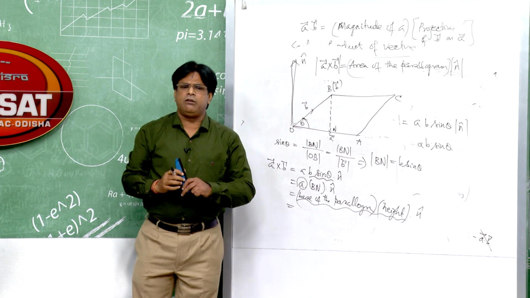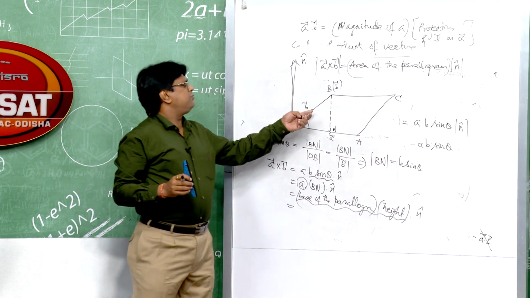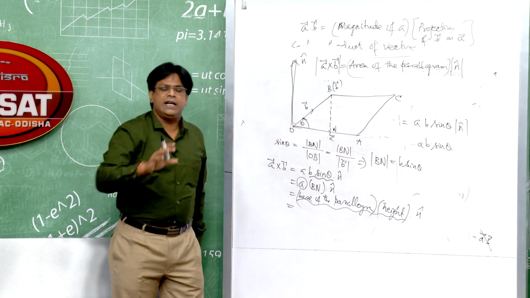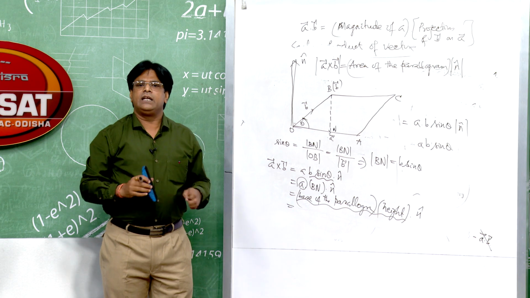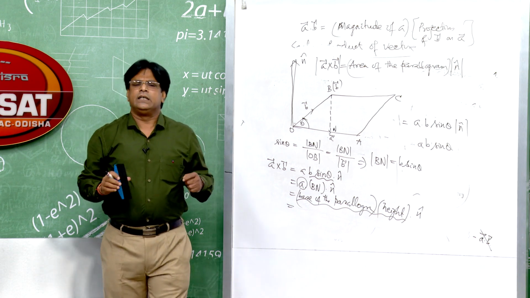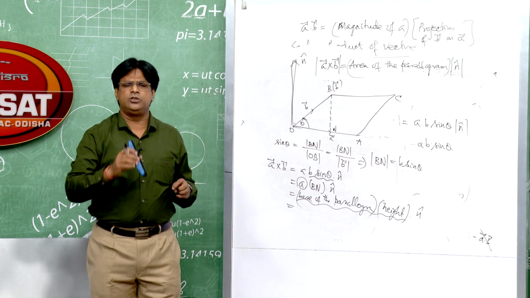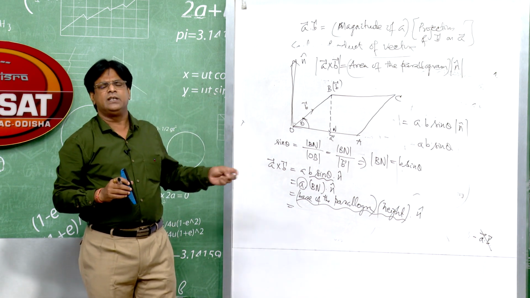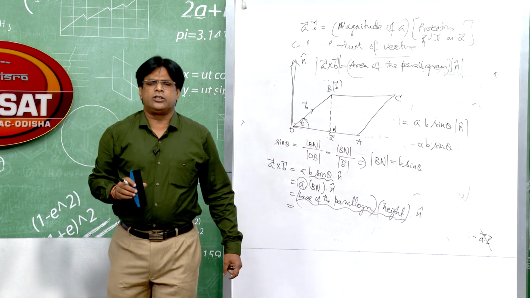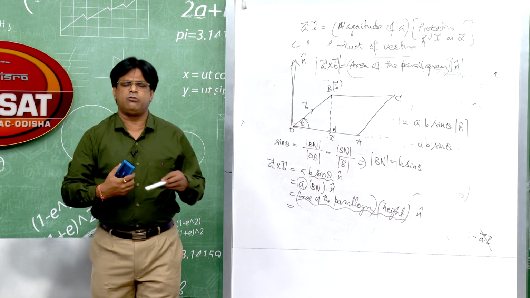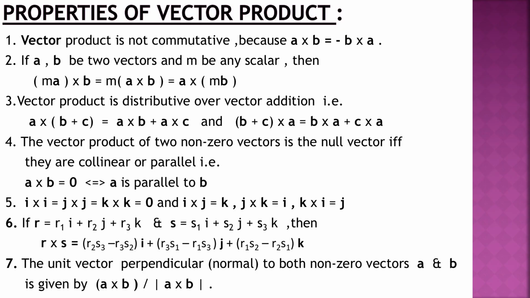So, the formula derived from this figure is that the area of the parallelogram whose adjacent sides are given as A and B can be found as the magnitude of the cross product A cross B. So, that is, the area of the parallelogram OACB is equal to magnitude of A cross B. Similarly, the vector A cross B is perpendicular to both A and B, as already stated.